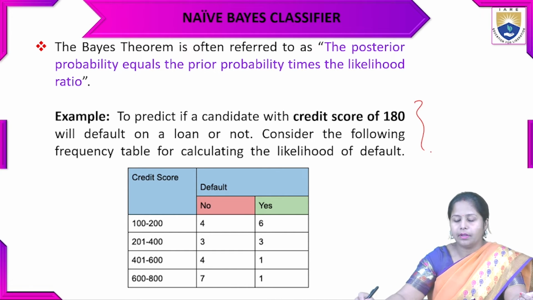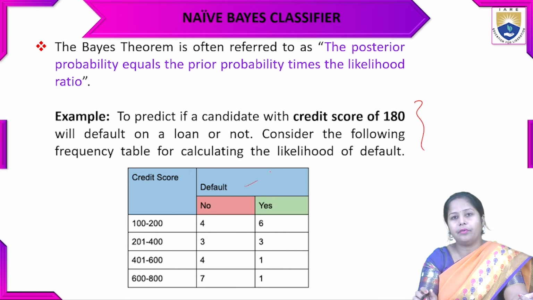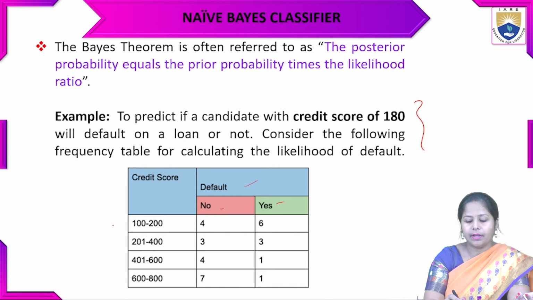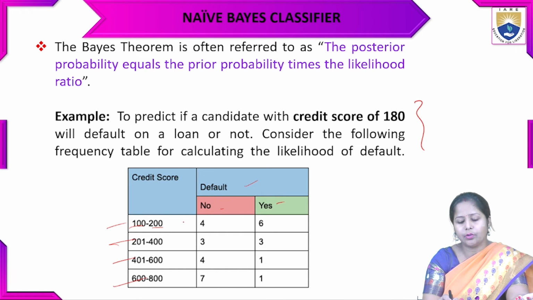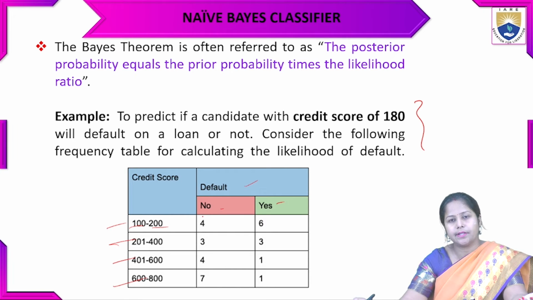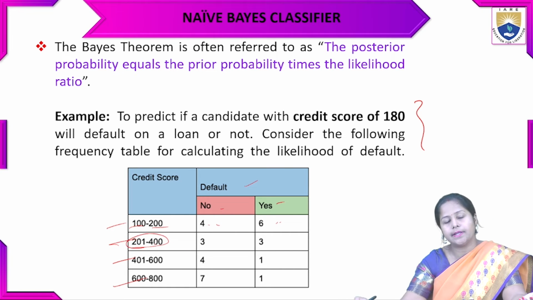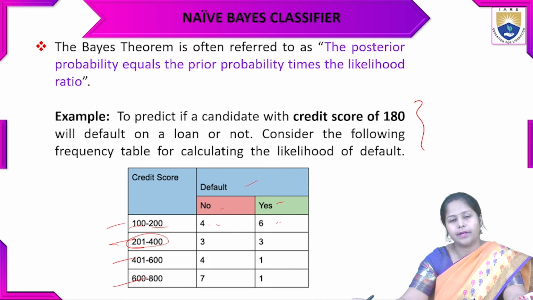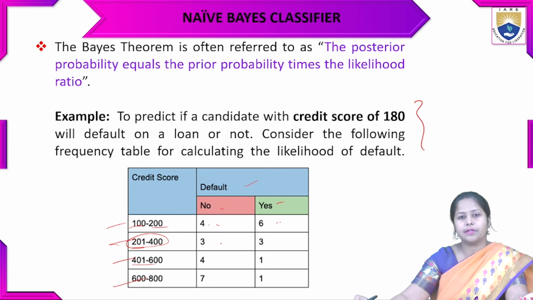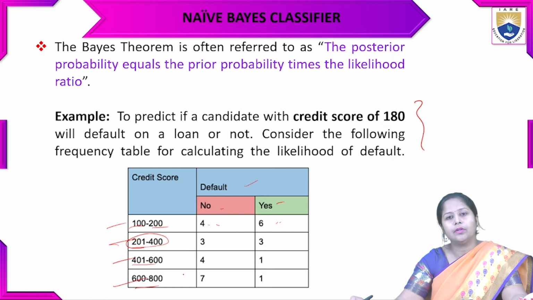For example, suppose there is a table with the credit score and the default classes, yes and no. Some records have a credit score of 100 to 200, that is the CIBIL score, the second class is 201 to 400, the third is 401 to 600, and another is 601 to 800.